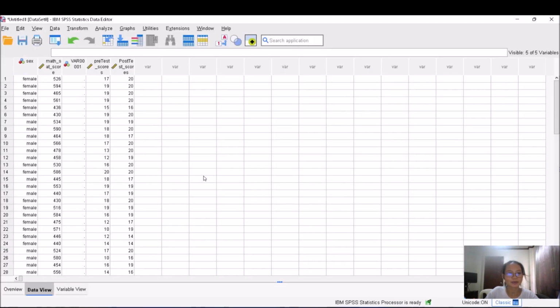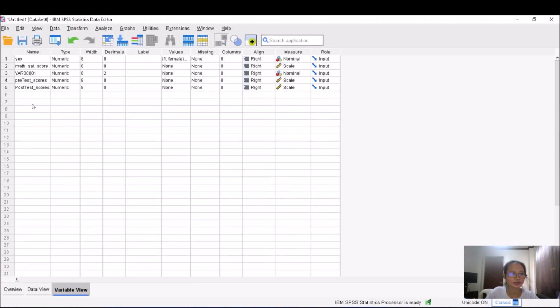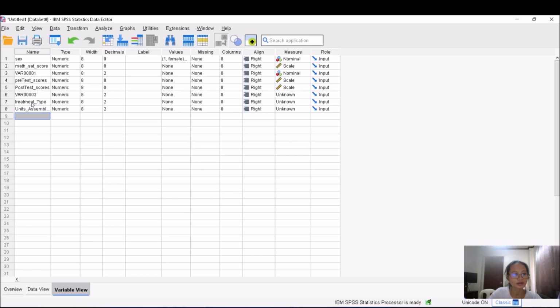So go to your SPSS variable view. You can have here the treatment type, and then units assembled. This is now 0 decimals. This is nominal, and this is scale.